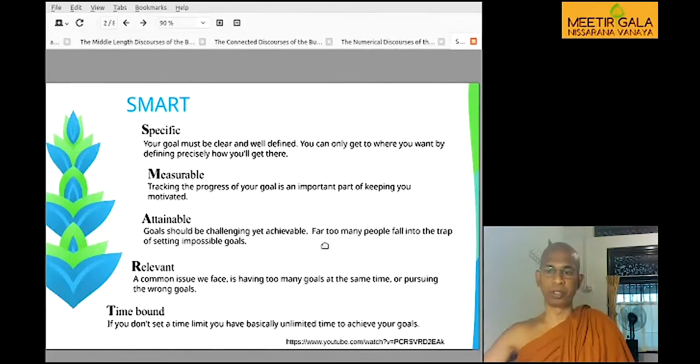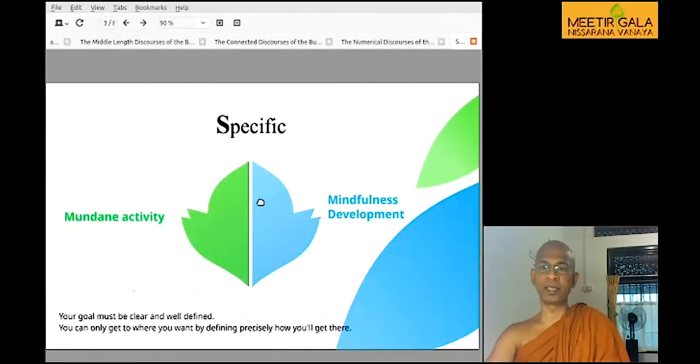And then time bound, so we don't have unlimited time, so we have to have some sort of time bound, and that is attributed as the last letter, T, or time bound. So how do we apply this SMART, these motivational concepts, in mindfulness development?